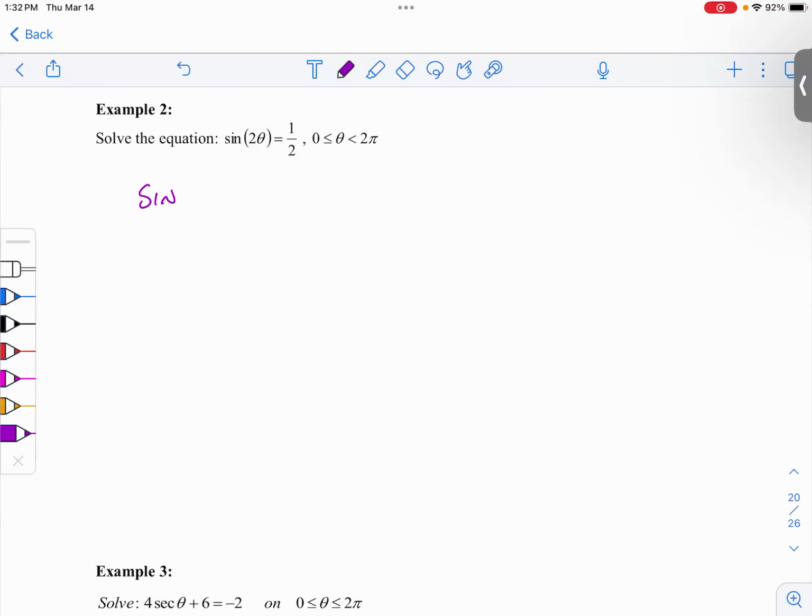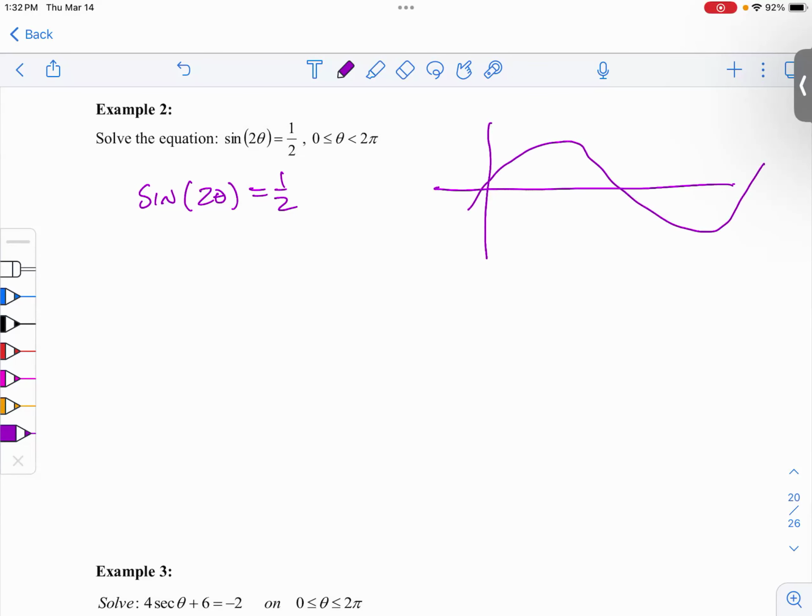So how we do this, let's start with our value, sine theta equals 1/2. Always get it down to solved. Okay, good, we're solved. Then you think, for the standard sine graph, up here at positive 1/2, how many solutions are we going to have?